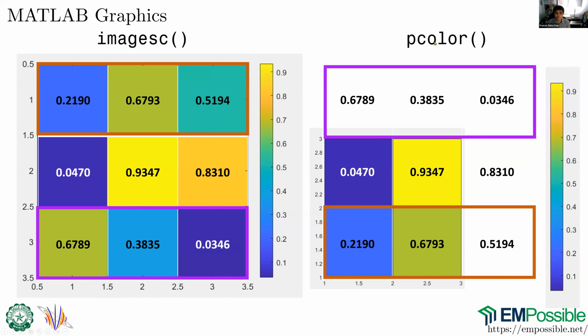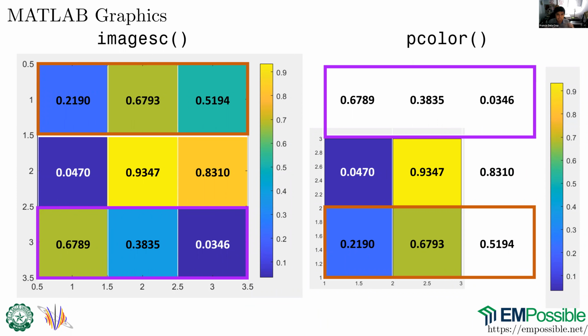As you can see, this is the comparison of image SC and pcolor. Your image SC just maps the entire matrix, but the pcolor flips the matrix, and you somehow get just the first four corners. Of course, if you increase the resolution, for example, to a 500 by 500 matrix, the image SC and pcolor will have a further distinction because pcolor has the capability to create plots that are interpolated.